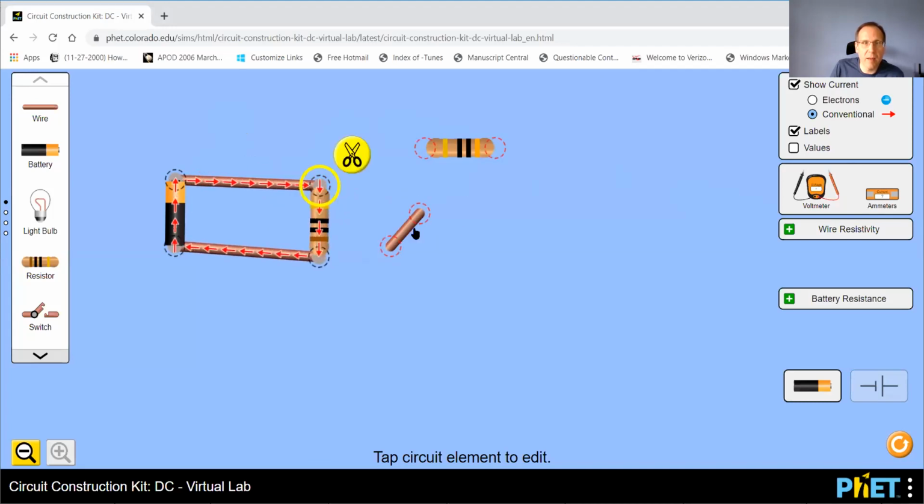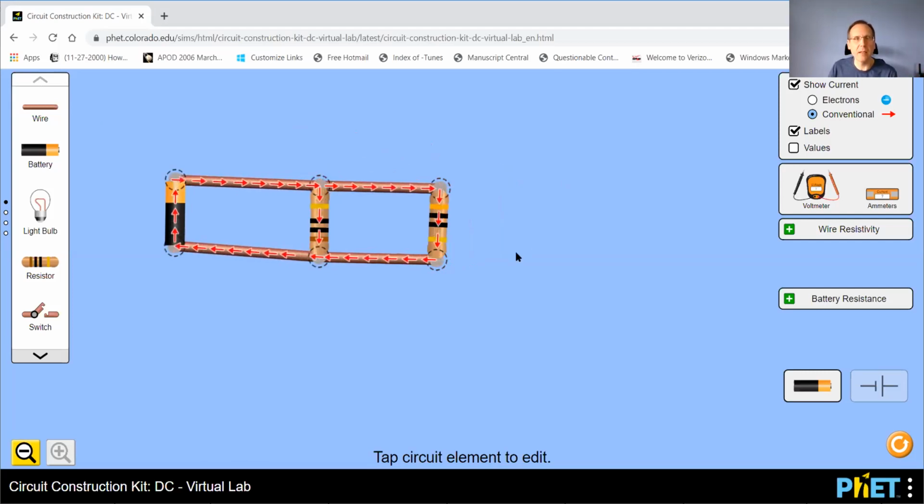Something like that. And then maybe one like this. That would be the same, right? That would be a parallel circuit.